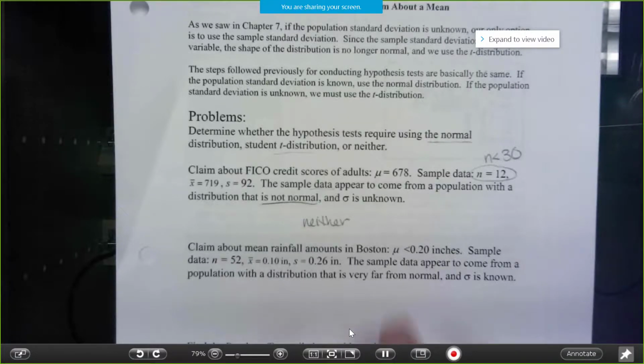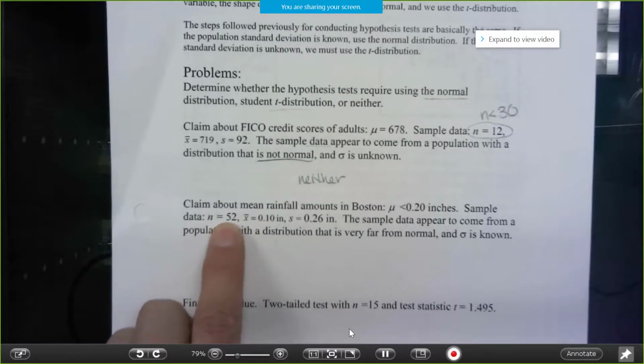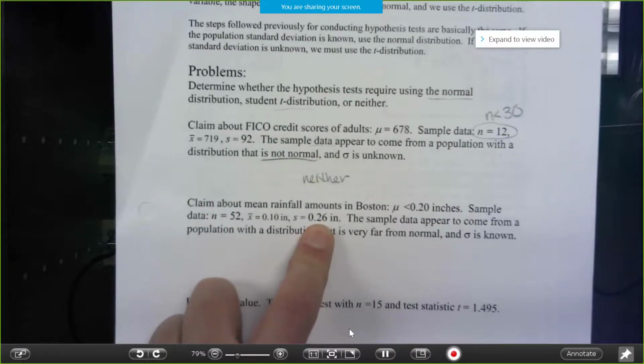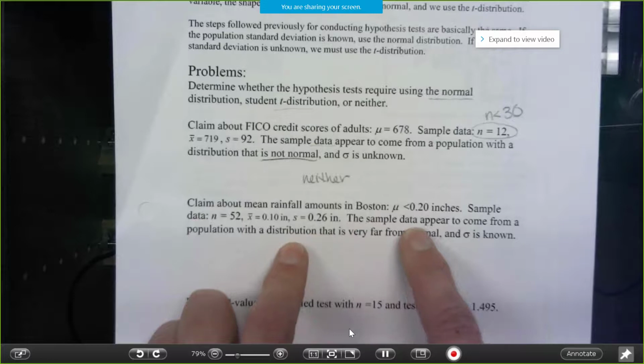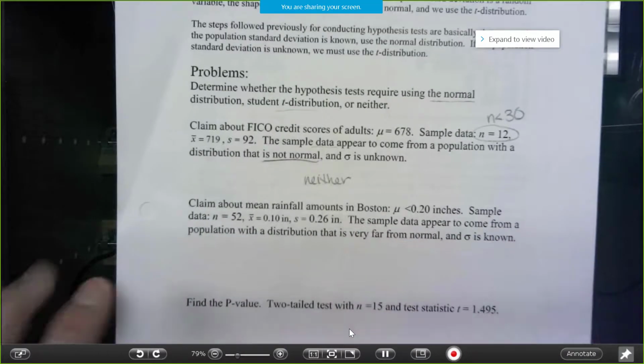Okay, so here they give us the alternative hypothesis, mu is less than 0.2. There were 52 things in our sample. The sample average was 0.1, the sample standard deviation was 0.26. The sample data appeared to come from a population with a distribution that is very far from normal.